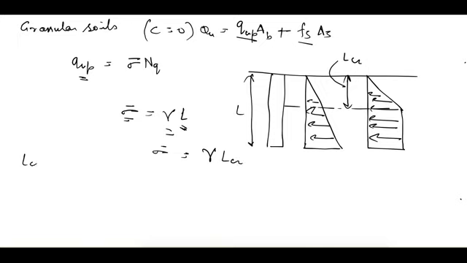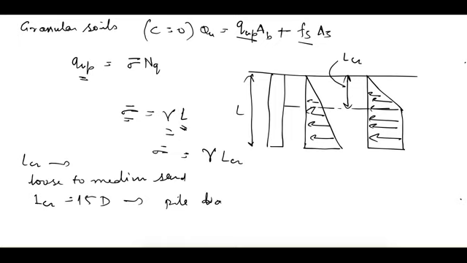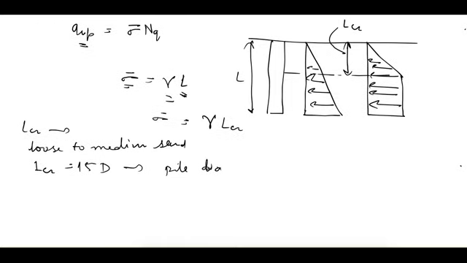Now this critical depth is different for different kinds of soils. For loose to medium sand, this LCR, that is critical depth, is equal to 15 times D, where D is the pile dia. Whereas in case of dense sand, this critical depth is equal to 20 times pile dia.